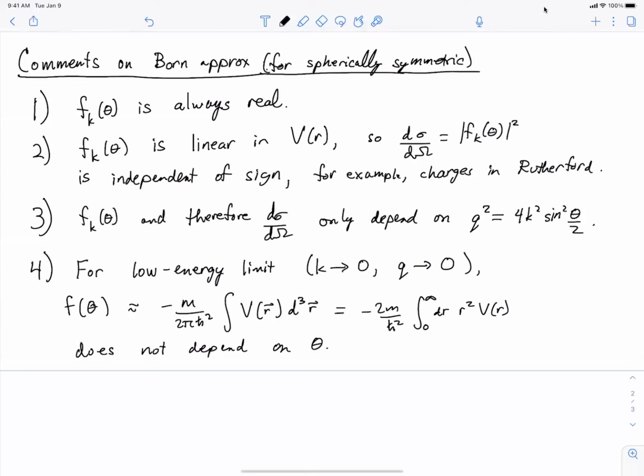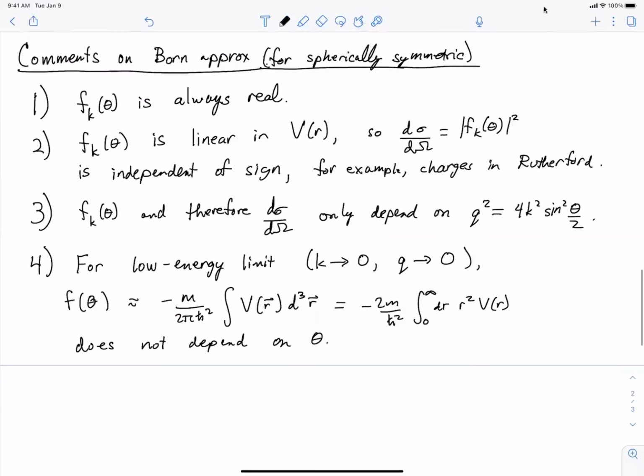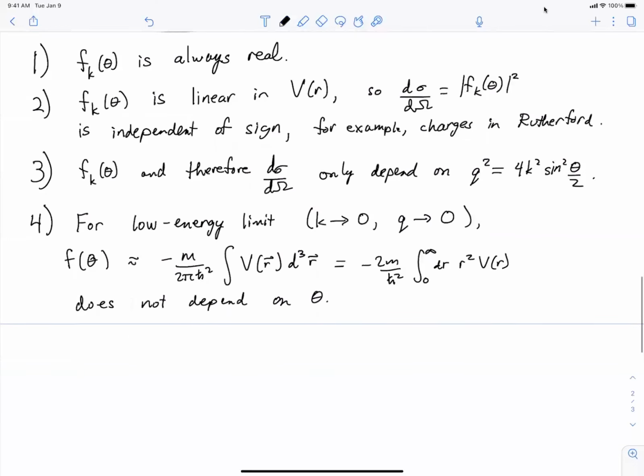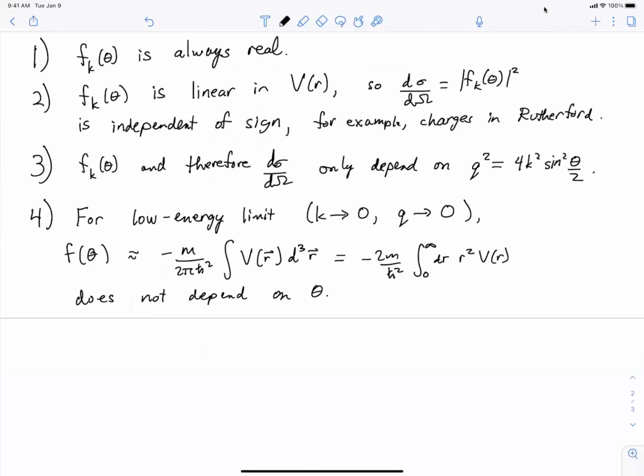So low energy scattering in the Born approximation just gives you a constant differential cross-section. And that's the same thing we found classically for hard sphere scattering. When you scatter off a bowling ball, the probability to go off in different directions is constant. So that's the low energy limit.